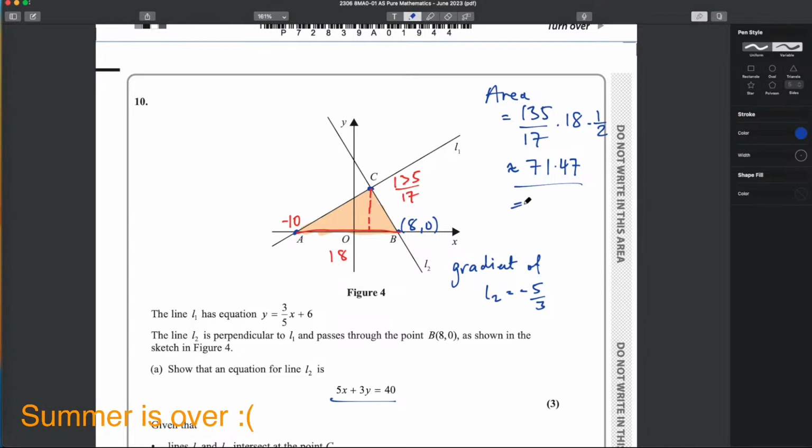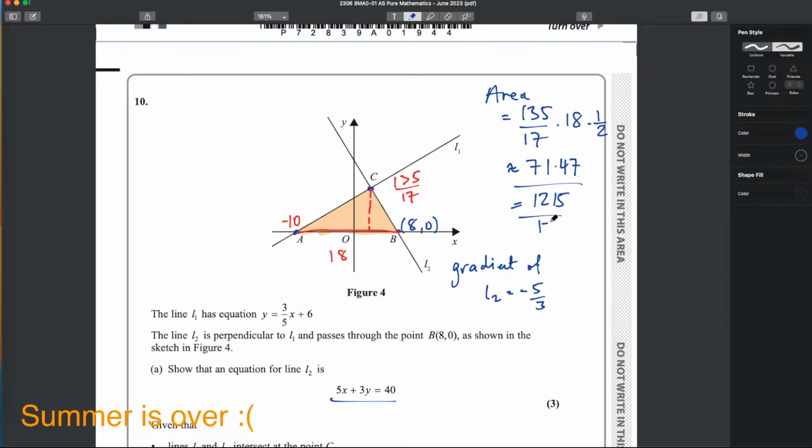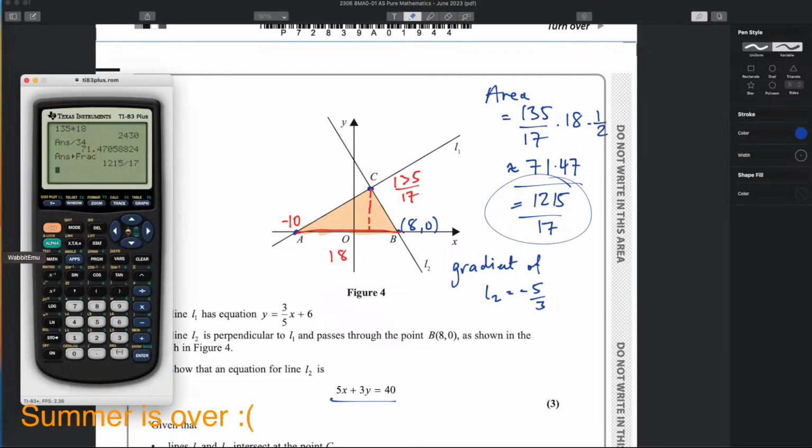As a fraction, it is 1,215 on 17. There we go.